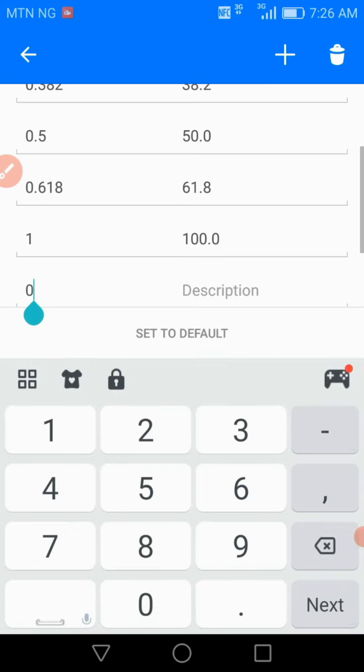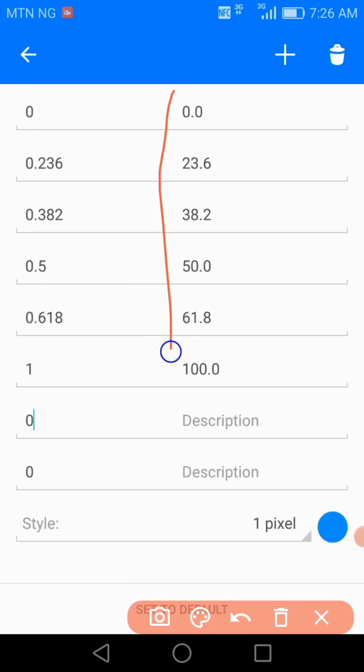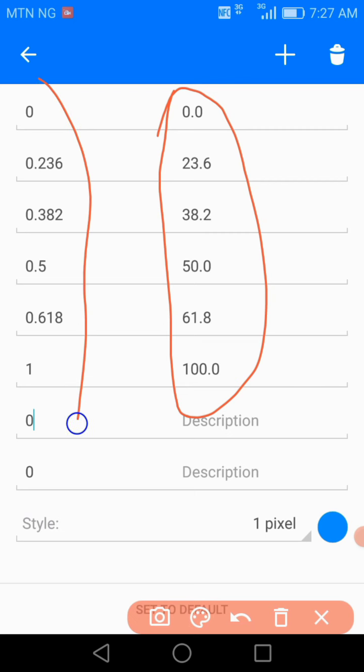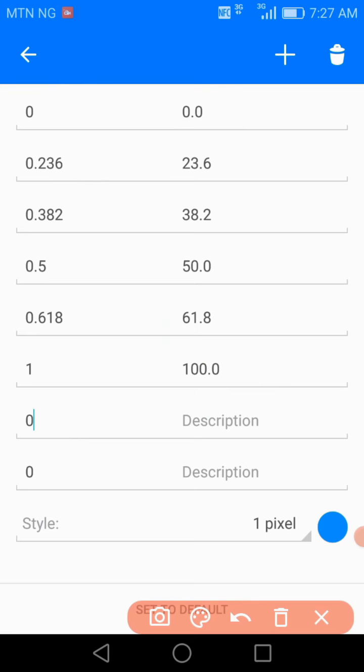Now here, don't forget that, okay, let me show you something. This is in percentage, and these are in points. Now you fill this, and also you fill this, and also fill this. It is the multiplication of these by 100 that gives you this, okay?